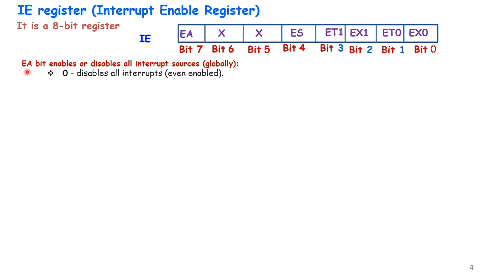So the EA bit, the enable all bit, enables or disables all interrupt sources globally. When it is equal to 0, all interrupts are disabled. When EA is equal to 1, specific interrupts can be enabled.